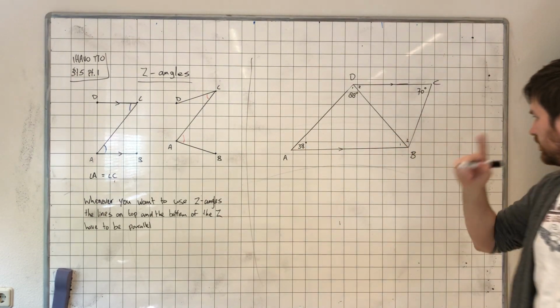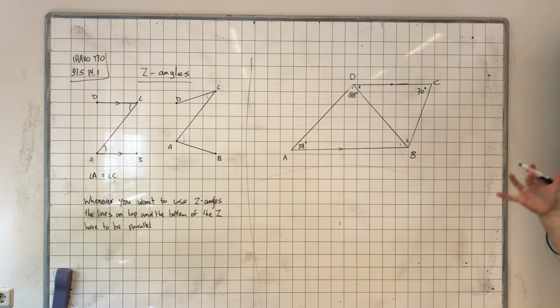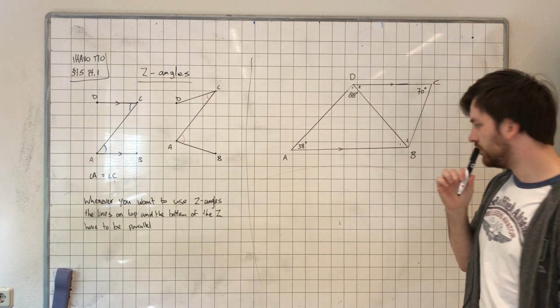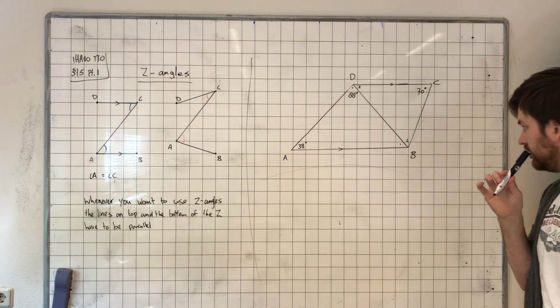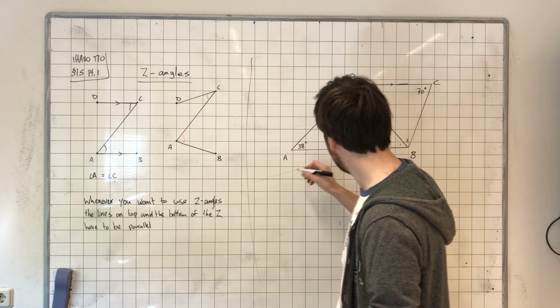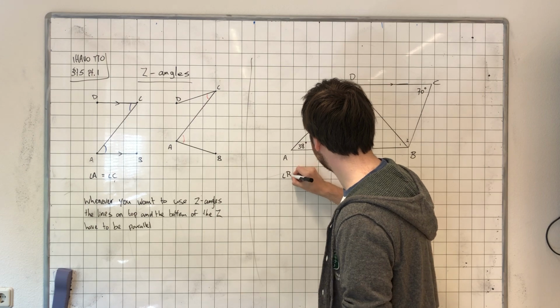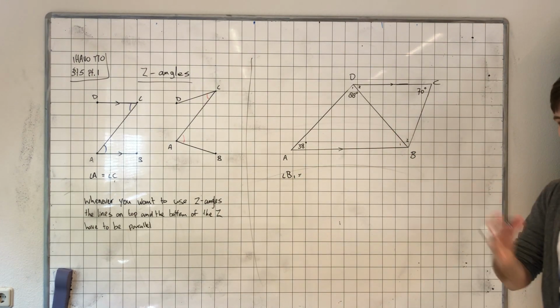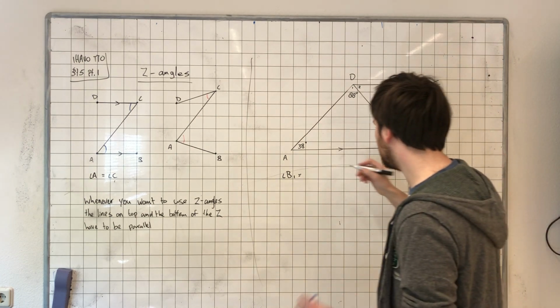I already said that I could calculate angle B1 using the angle sum, so I'm going to start doing that. And maybe you can already do that yourself, maybe not. I hope most of you are able to do it actually. Angle B1, remember, all three angles of a triangle together are always 180 degrees.